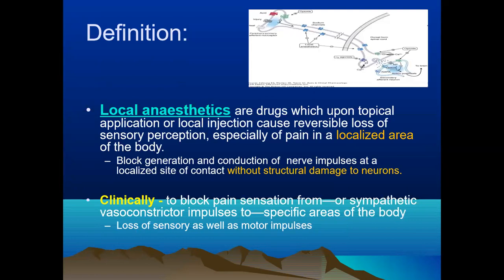So clinically, there is blockage of pain sensation from that site, or sympathetic vasoconstrictor impulses to specific areas of the body, leading to loss of sensory as well as motor impulses.